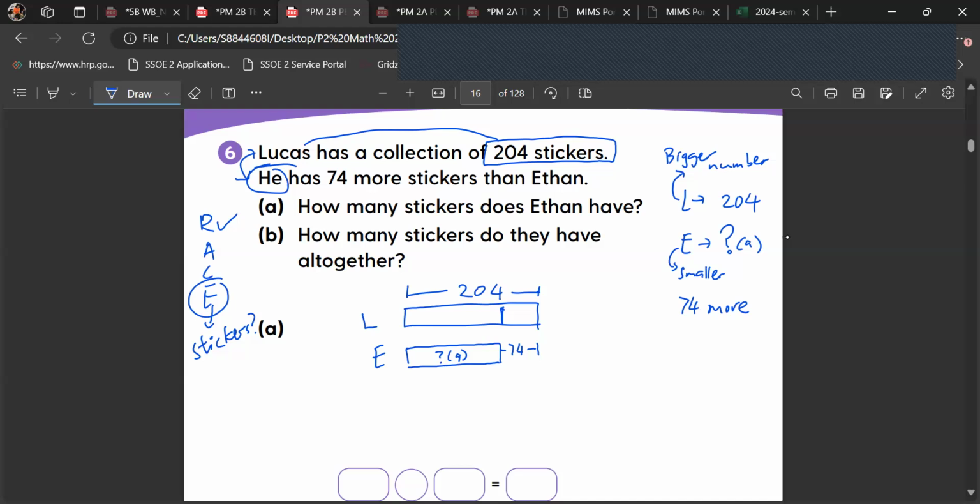Okay. So I can write here Lucas minus the part that is small. So 74 is the extra part here.